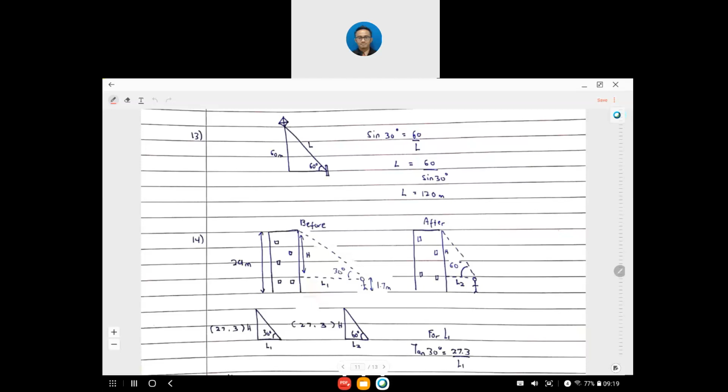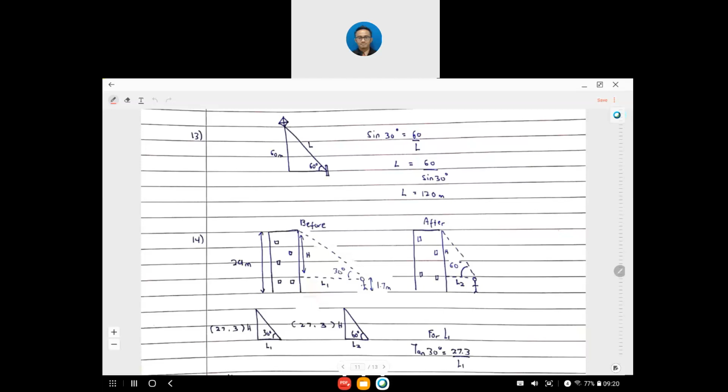Okay. So make sure you understand the definition of that 60 degree. The inclination of the string with the ground. What does the inclination of the string with the ground mean? You misunderstood that.